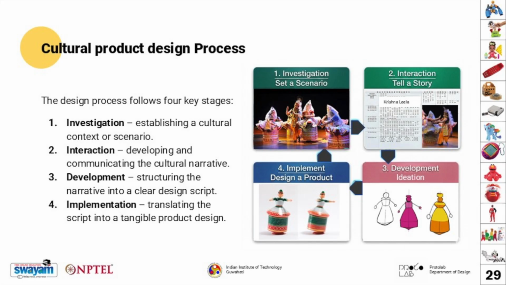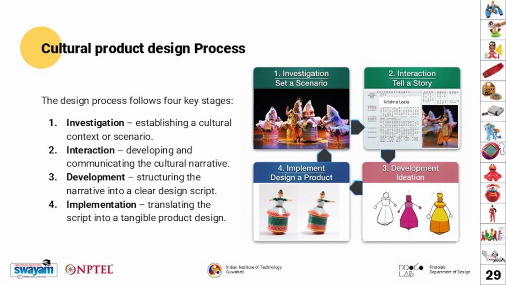Now, let us understand each stage in detail. 1. Investigation: set a scenario stage. The first step is to identify key cultural features from the original cultural object. These features are analyzed across three levels: the outer tangible level, the middle behavioral level, and the inner intangible level.